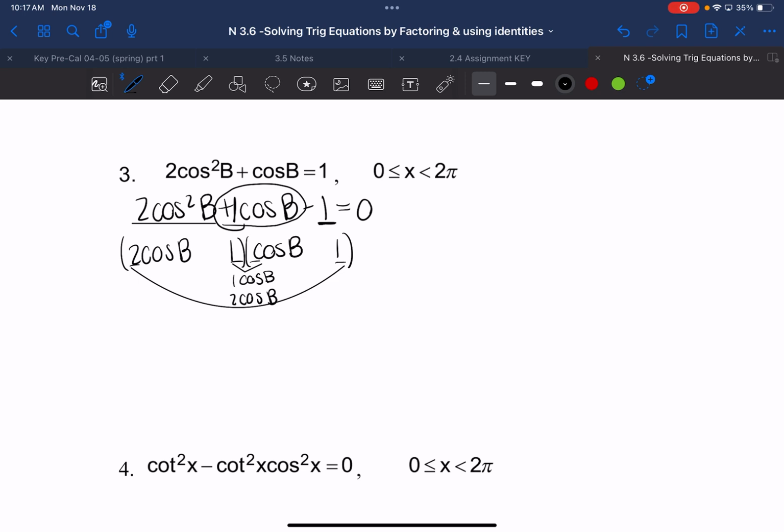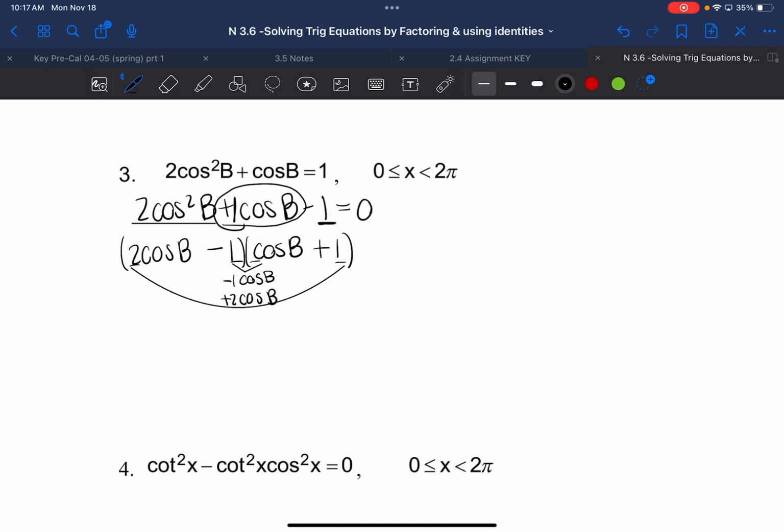So what would our signs need to be if 1 cosine and 2 cosine adds to give me 1? Where would I put them? Yep. If this one's negative and this one's positive, then the negative goes here, the positive goes here. All right, so I found my factors.